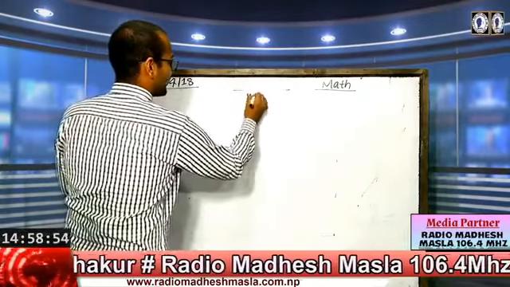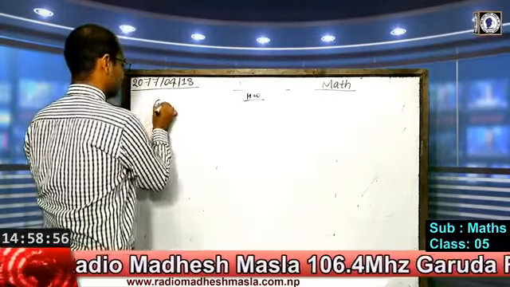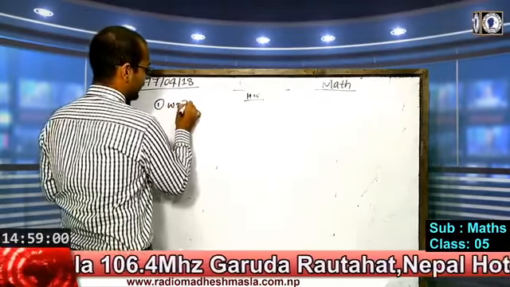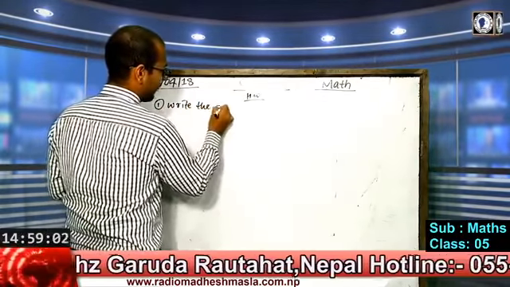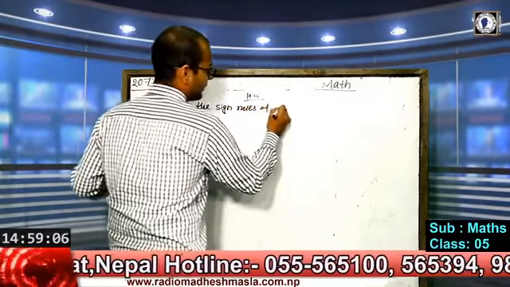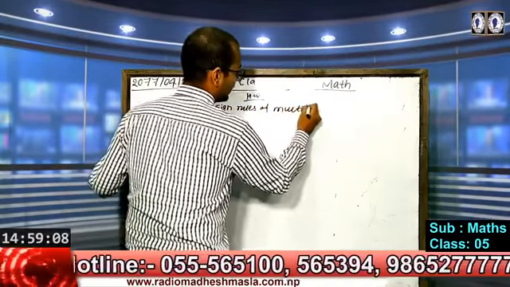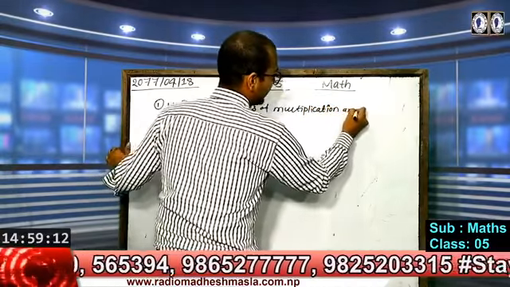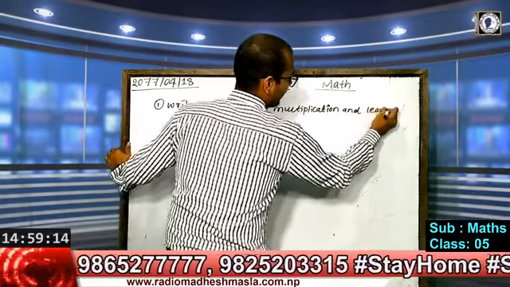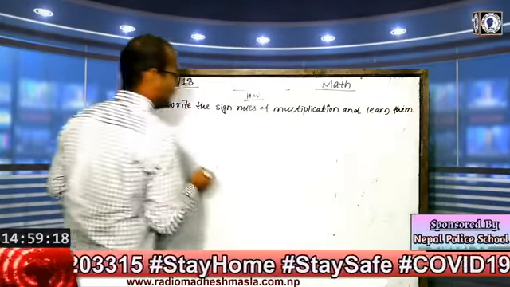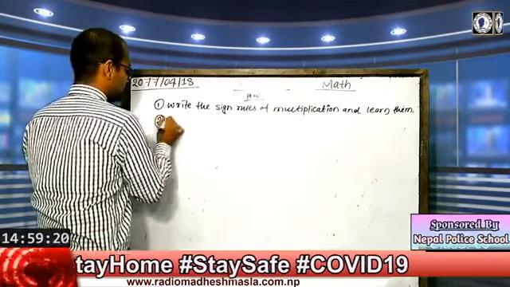For homework, you are given here: write the sign rules of multiplication and learn them. Okay. Question number 2.